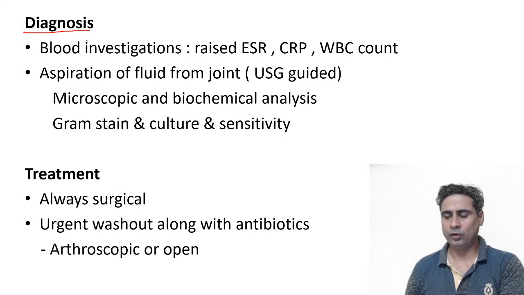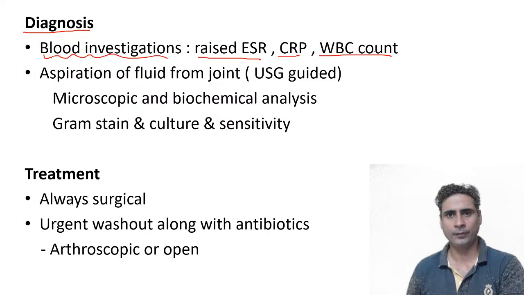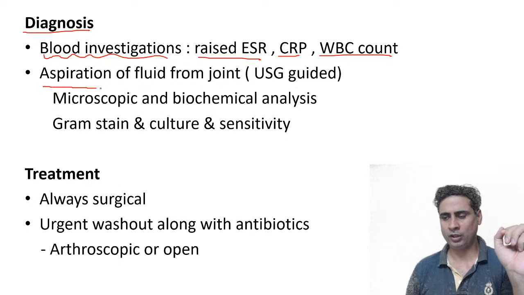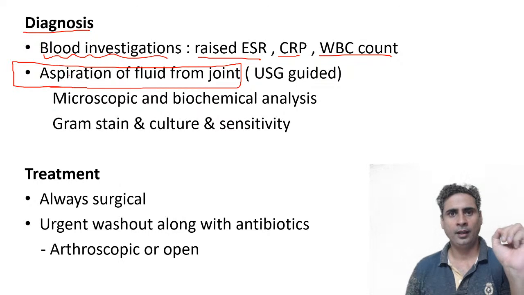Diagnosis. During diagnosis we will do hematological investigations. Once again there will be non-specific findings like raised ESR, CRP, WBC count. Diagnosis will be confirmed by aspiration of synovial fluid from the joint and sending it for biochemical as well as microbiological analysis.